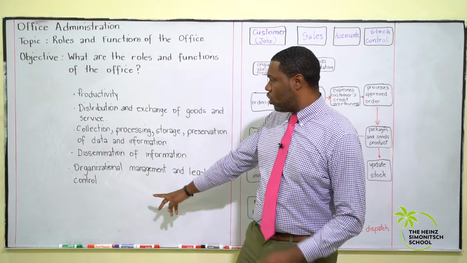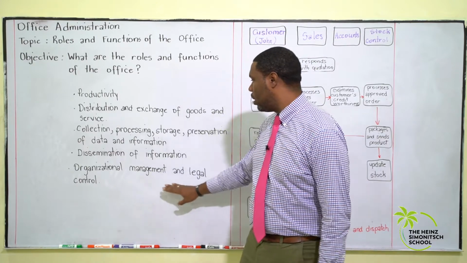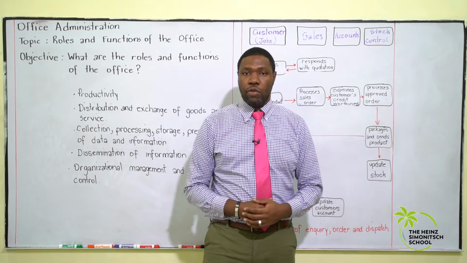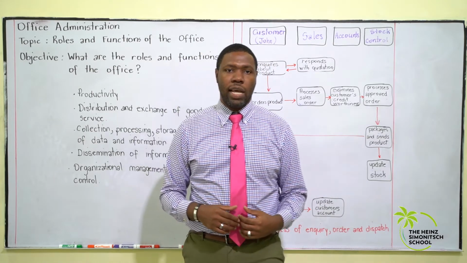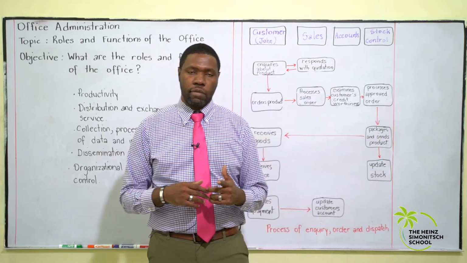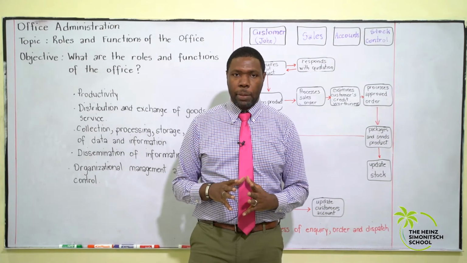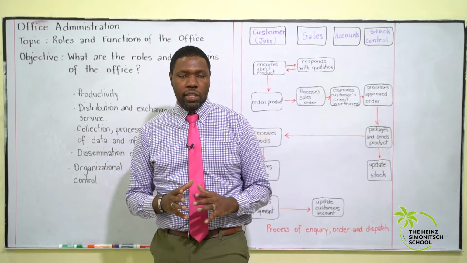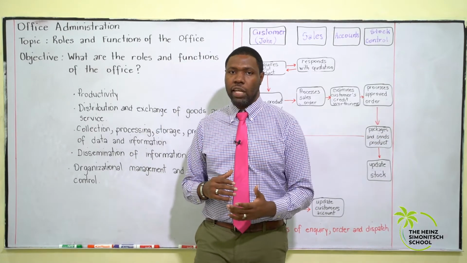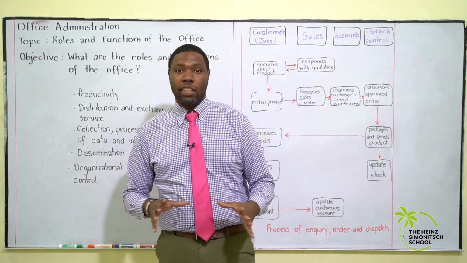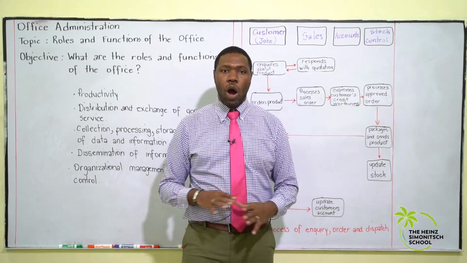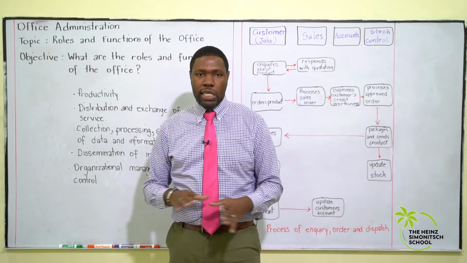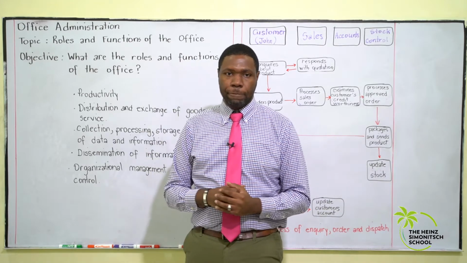Lastly, let's look at organizational management and legal controls. Now, under this heading, the role of the office is to maintain efficiency, emphasis on efficiency, right? So one of the objectives of any business is to be operating efficiently, all right? That is, the office must coordinate all activities so that the business is able to operate seamlessly or efficiently.